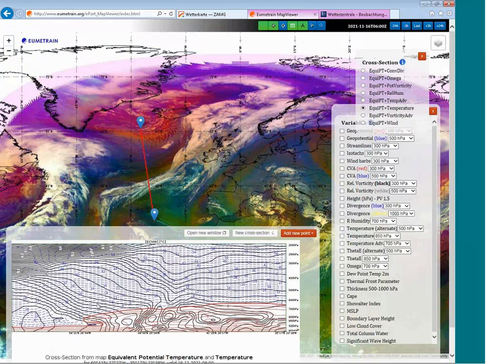And here you must be always careful with the equivalent potential temperature, because it combines humidity and temperature. So where is the cold air mass? Obviously it's here, the cold air mass. Well, and we see here the jump in the temperature. The 2 degree level is lower, and then it's higher up, and this is somewhere here.